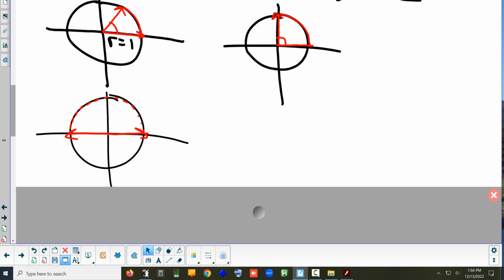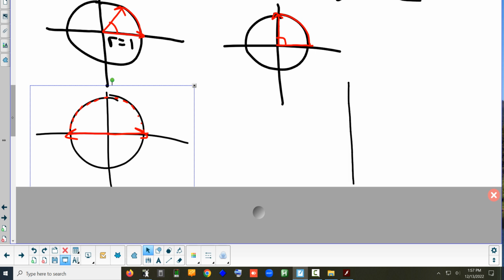I'm not saying this arc is 180, because that's in degrees. You have to measure this angle in radians. But if you measure this angle, like if you had a protractor, and measure it in radians, whatever number you got, if you took a piece of string, measured the arc, and then put it on a ruler, the two numbers would come out the same.